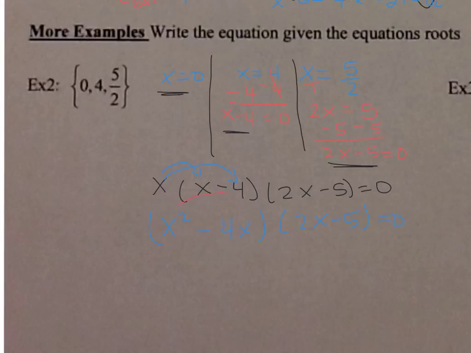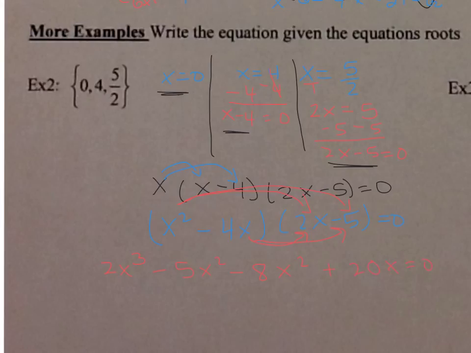So x squared times 2x is 2x to the third. X squared times negative 5 is negative 5x squared. Negative 4x times 2x is negative 8x squared. And negative 4x times negative 5 is positive 20x.